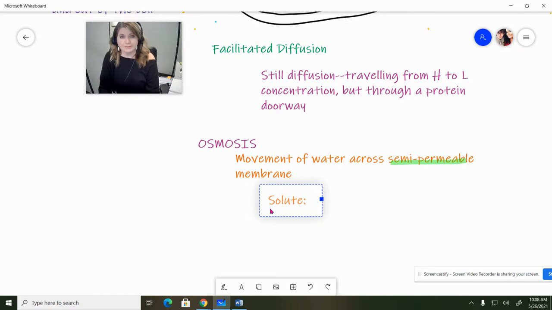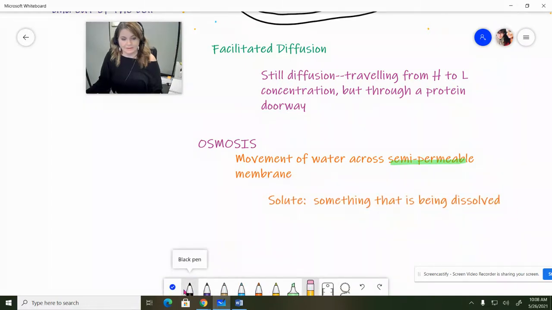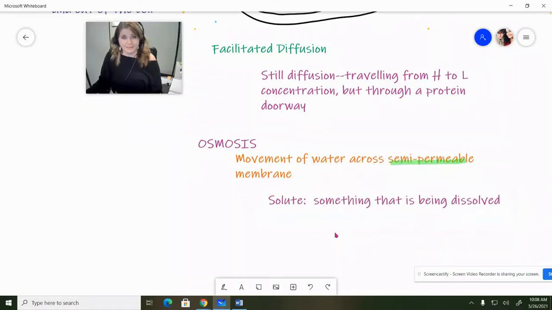A solute is something that dissolves in solution, something that is going to be dissolving. A lot of times we think of it being a solid, but it doesn't have to be. It can be a gas. You can even have it being another liquid, but it's the thing that you're going to be dissolving. A solvent is the thing that's doing the dissolving.